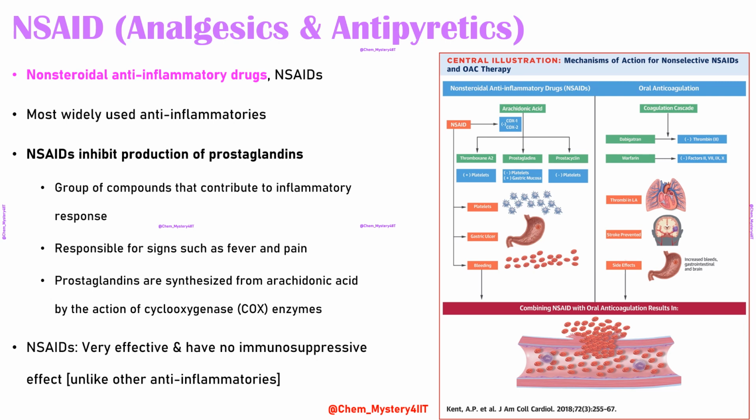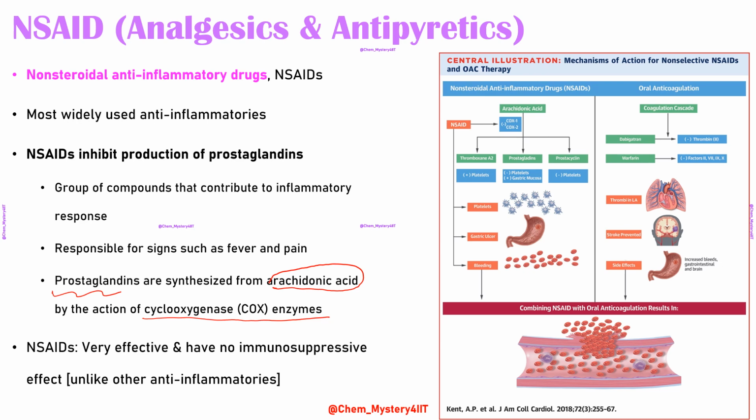So basically we have this whole situation starting from arachidonic acid, and this arachidonic acid is converted into prostaglandins by an enzyme which is the cyclooxygenase enzyme. So sometimes we find the term COX inhibitor, and COX inhibitors are basically medicines, or any agent, which prevent the synthesis of prostaglandin.